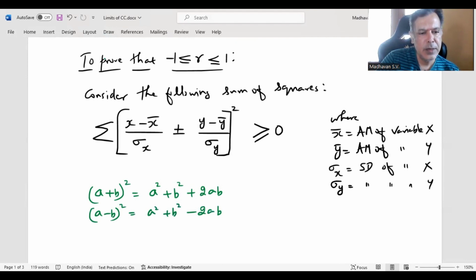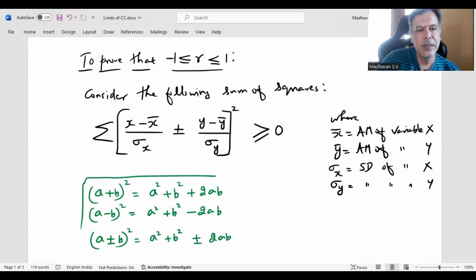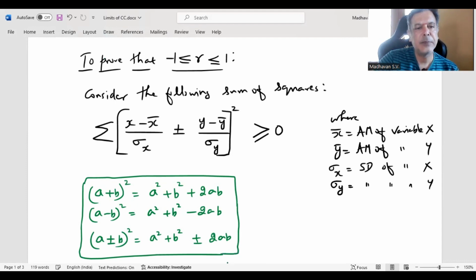So together we can write this as: a plus or minus b, the whole square, is a square plus b square plus or minus 2ab. We are using this algebraic identity in the above inequality. Right. Let us proceed.